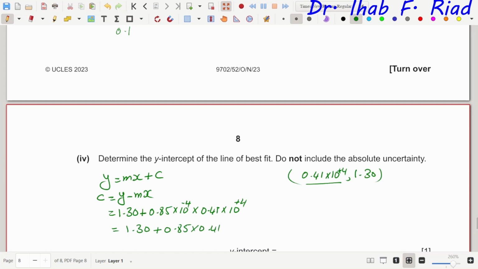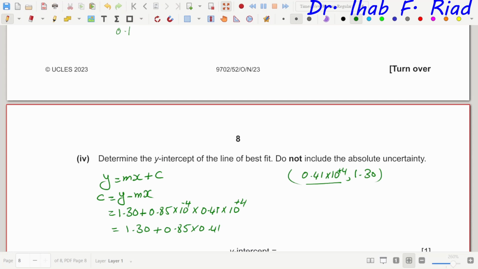Okay, let us have our calculator. So we have our calculator and we do the math.